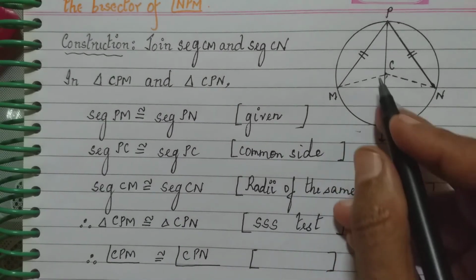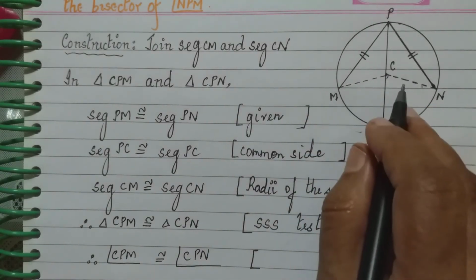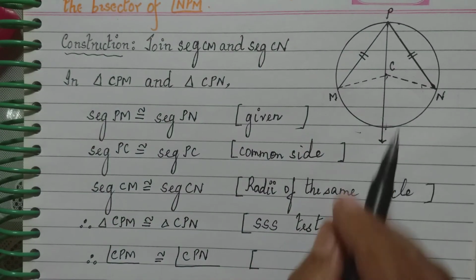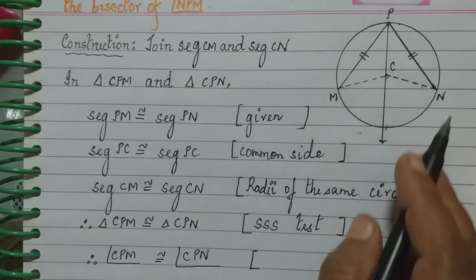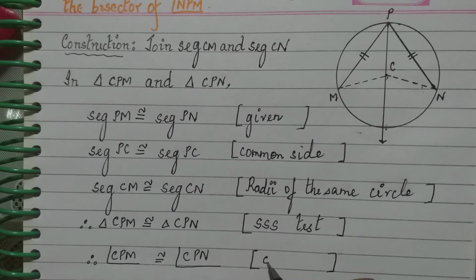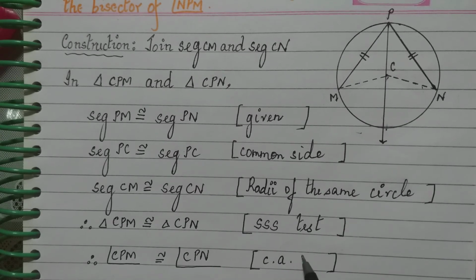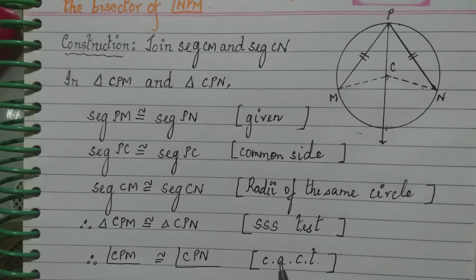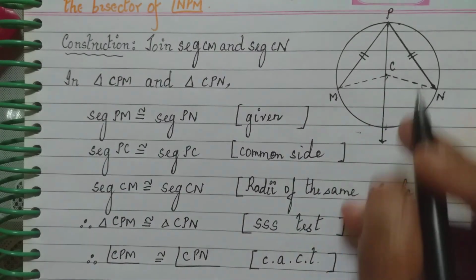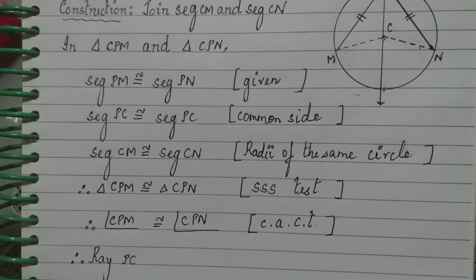If two triangles are congruent by some test, then the corresponding angles will be congruent by CACT. And what is CACT? Corresponding angles of congruent triangles. So they are congruent to each other.